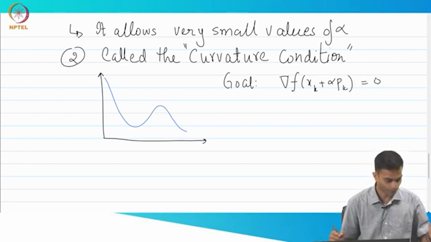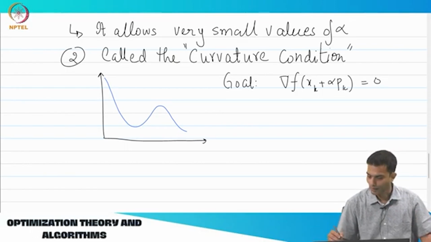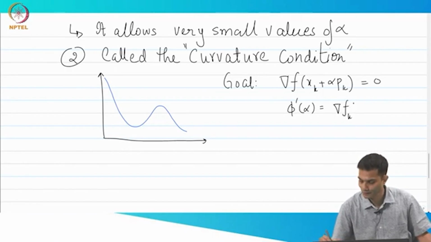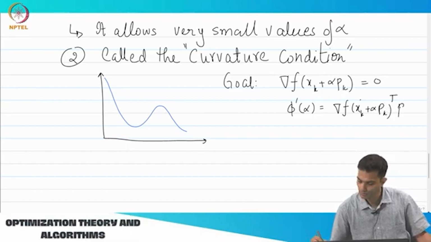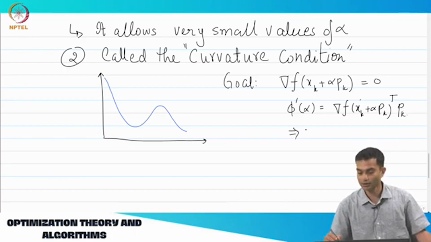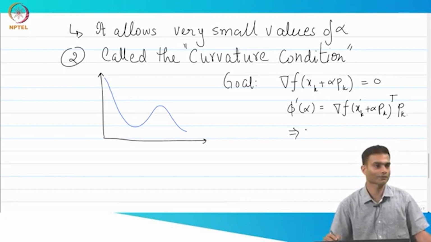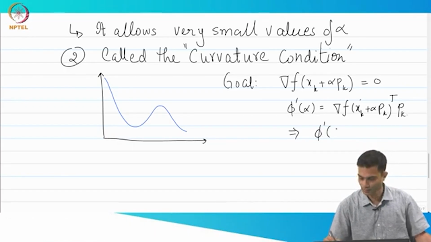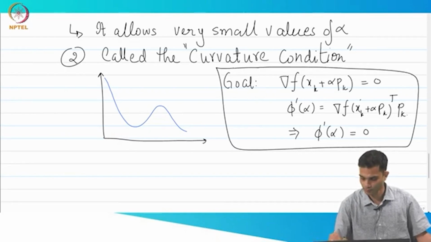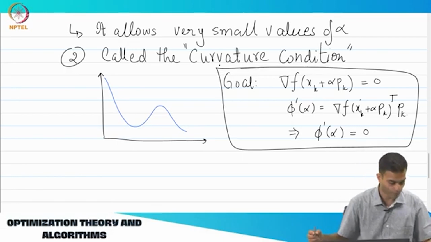And we know that phi dash of alpha is grad of f at xk plus alpha pk, transpose with pk. So, another way of writing the goal is phi dash alpha equal to 0. This is just revision. This is the goal that we want to arrive at.